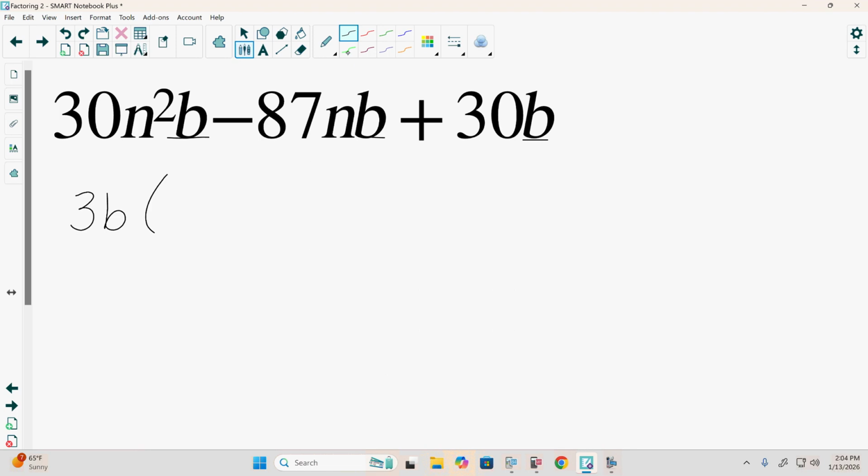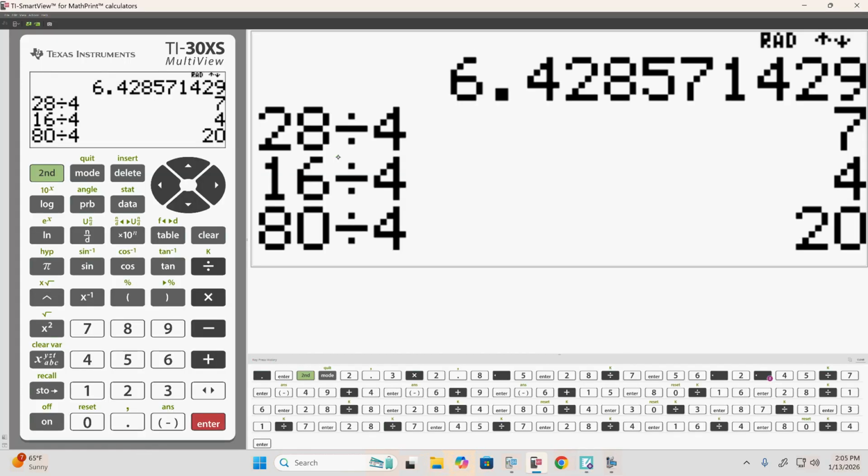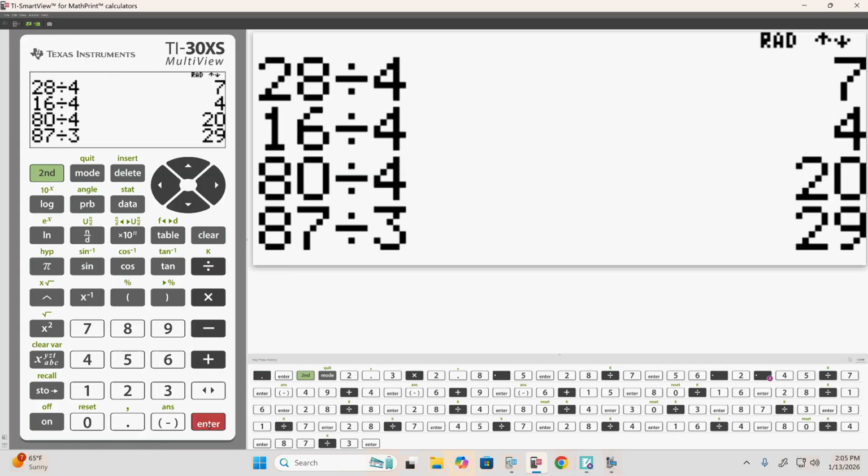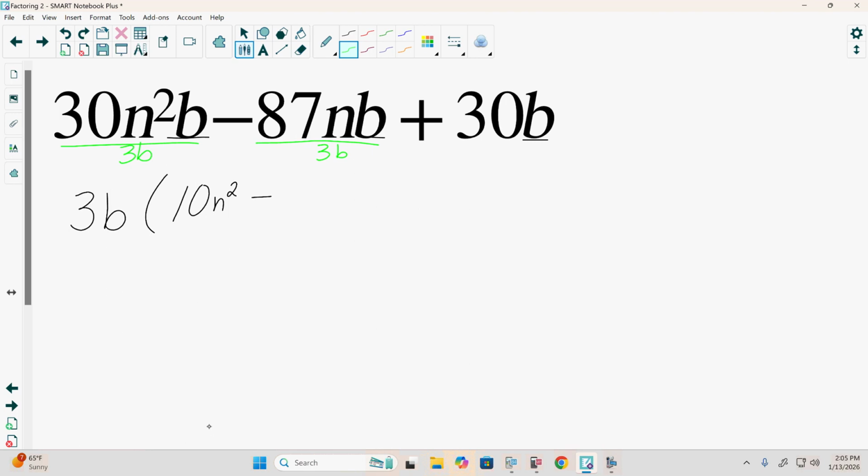Because if we factor 3b out of 30n squared b, 30 divided by 3 is going to be 10. We'll still have the n squared, but our b divided by b simplifies out, telling us that we have 10n squared. Minus 87 divided by 3 is 29.